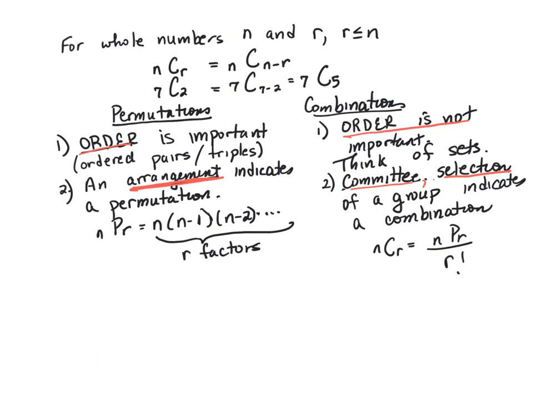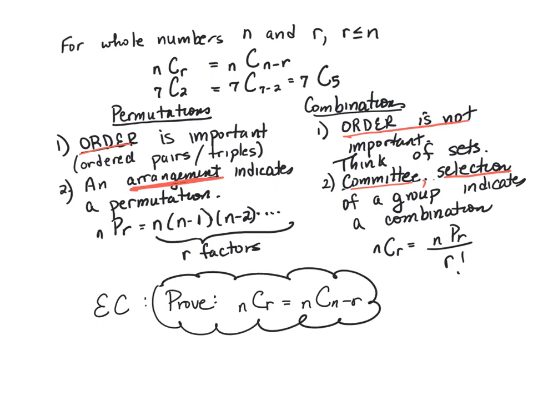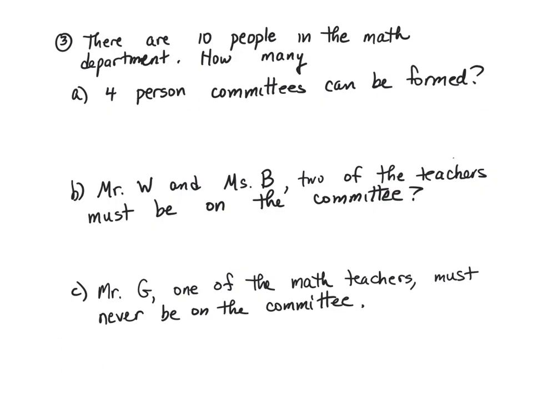All right, let's take a look at a few problems. But before we look at the next problem, for extra credit, prove algebraically that nCr is equal to nC(n minus r). It's a wonderful algebraic proof, so try that by yourselves. Okay, so here we're introducing a little bit of combinations with special conditions.